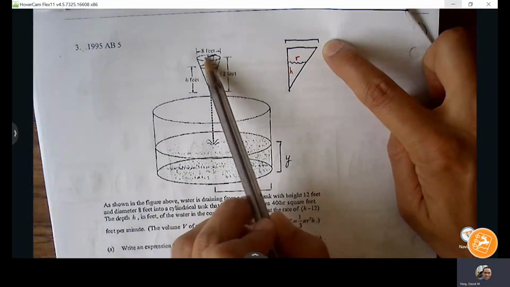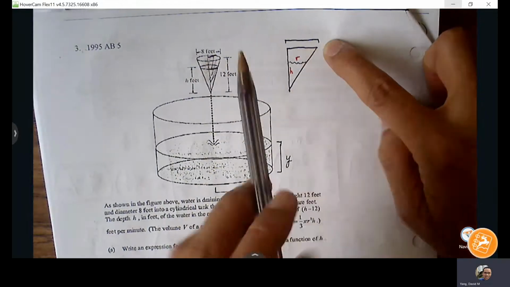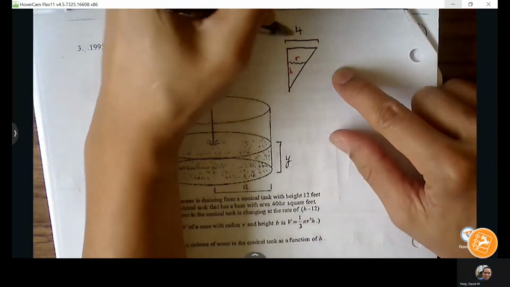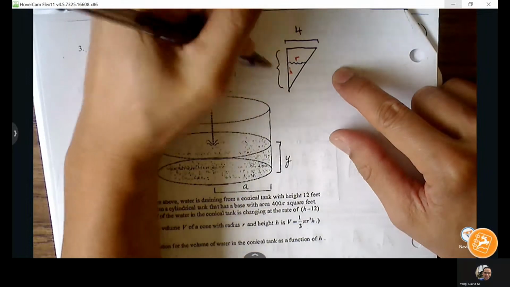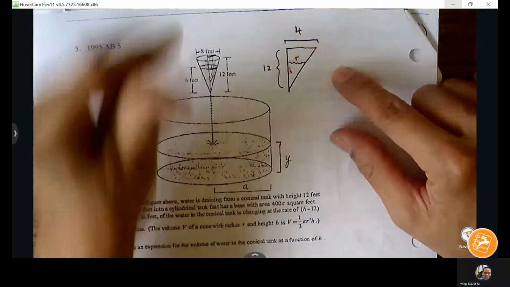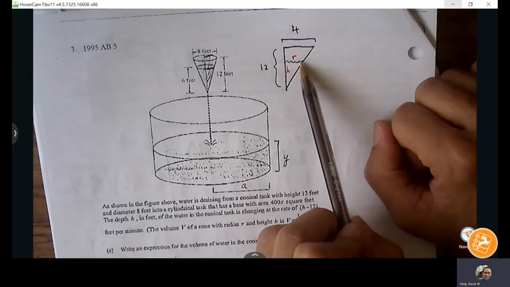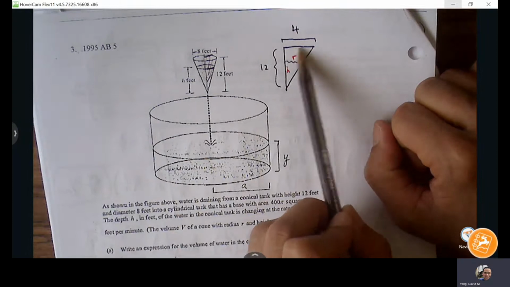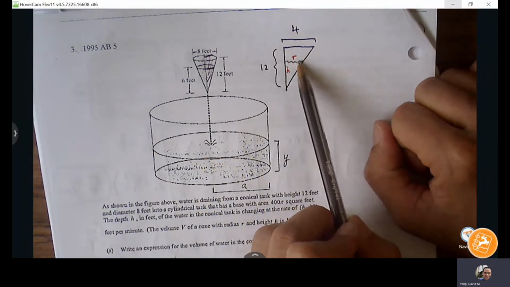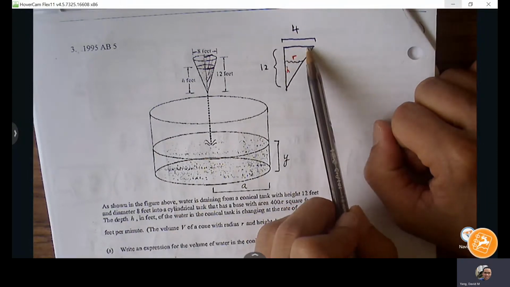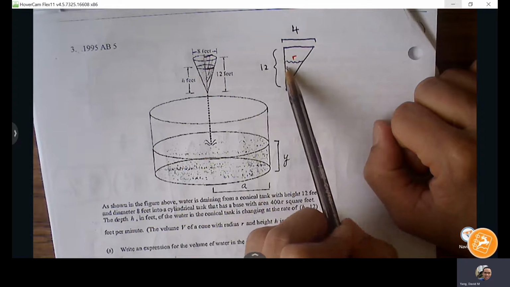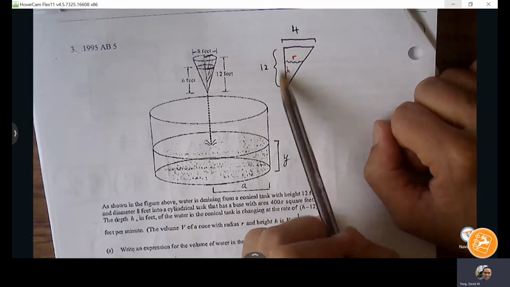Good, right? They give us the diameter, so we have to make some adjustment here. Okay, radius of the small triangle is to the radius of the large triangle, or radius of the small cone is to the radius of the large cone, as the height of the small cone is to the height of the large cone.